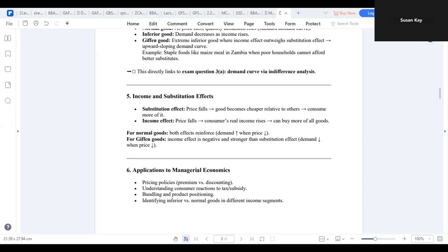So it is always positive. Consumers are rational in behavior. They want to buy it cheaper. So if the price of chicken falls relative to beef, households will substitute chicken for beef. So the budget line will rotate outwards. So the movement along the indifference curve will show the substitution effect.